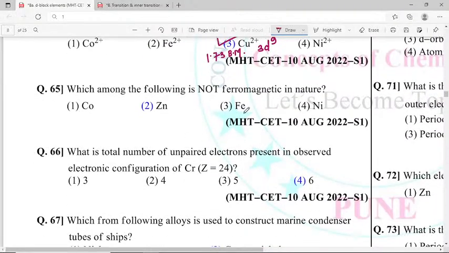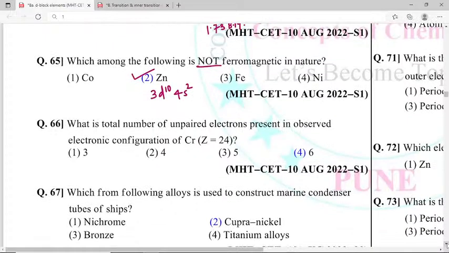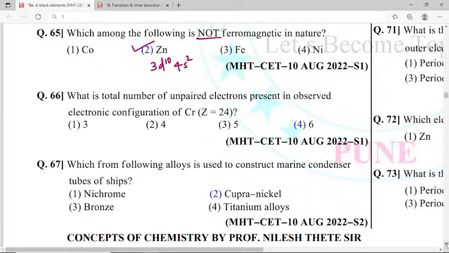Which among the following is not ferromagnetic? Zinc is not ferromagnetic because there are no unpaired electrons, 3d10 4s2. It is diamagnetic because all electrons are paired.